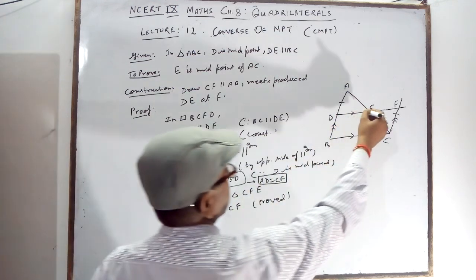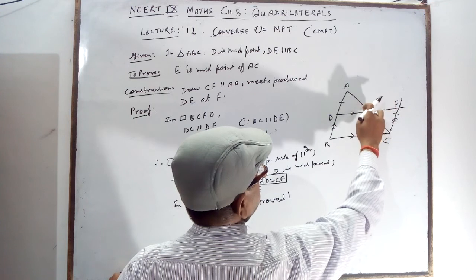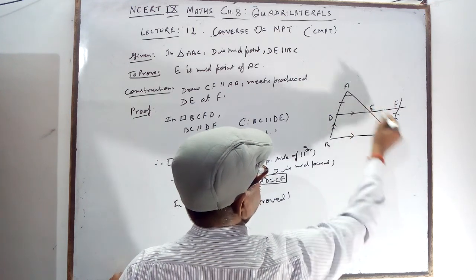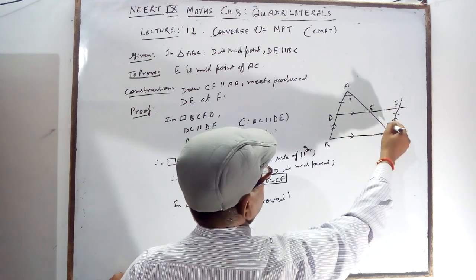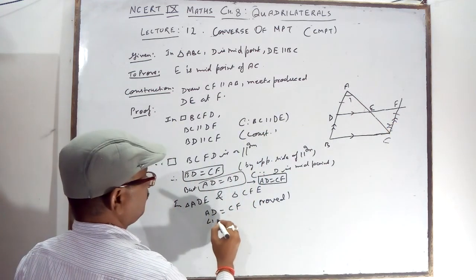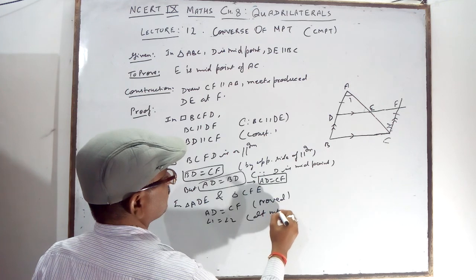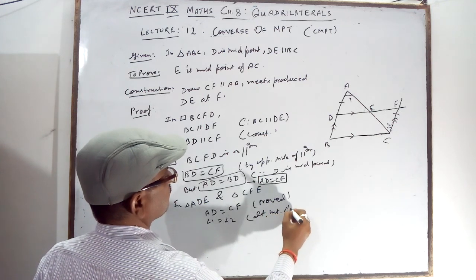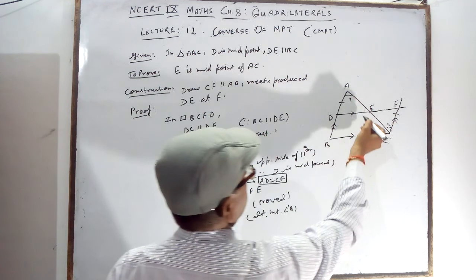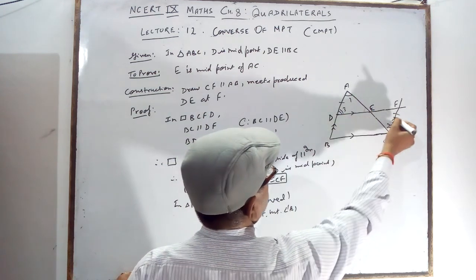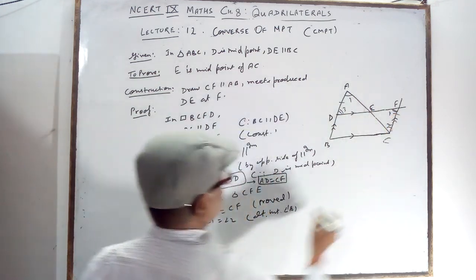Now this angle and this angle are what? Angle 1 is equal to angle 2, alternate interior angles. Angle 3 is equal to angle 4. Why?